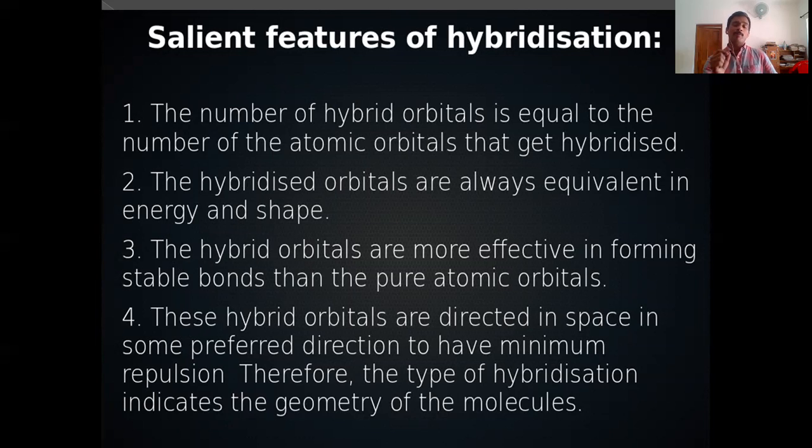In order to minimize the repulsion between the electron pairs after the overlapping, these hybridized orbitals are directed in space in different directions. If you know the type of hybridization, you can tell the geometry of the molecule. When we analyze the examples, you will understand it clearly.